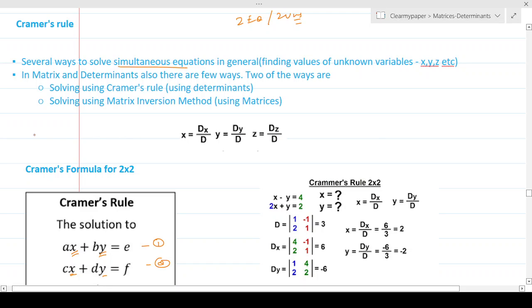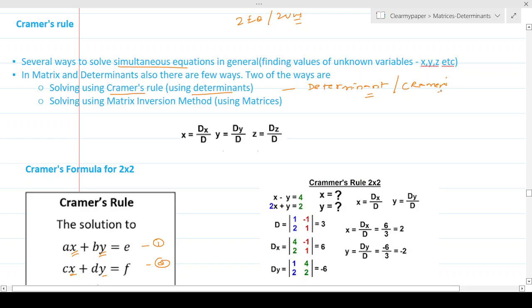In today's episode, we'll be talking about one of the first rules, called Cramer's rule. It's also called finding solutions to simultaneous equations using the determinant method. So whenever you get a question in the exam asking you to solve using the determinant method or Cramer's rule, it means the same.